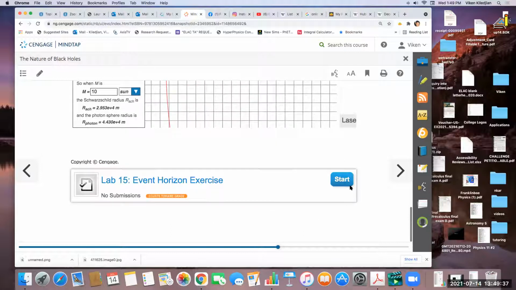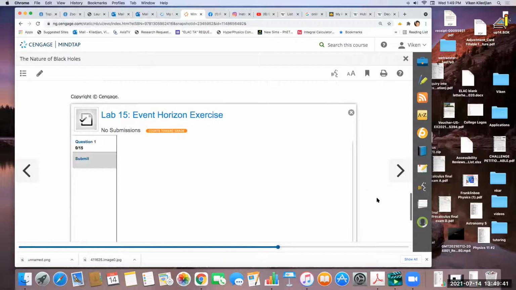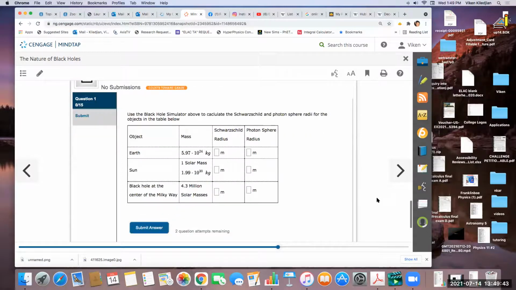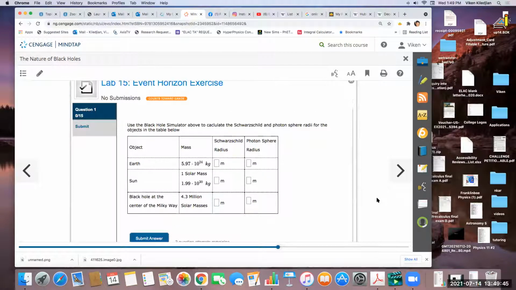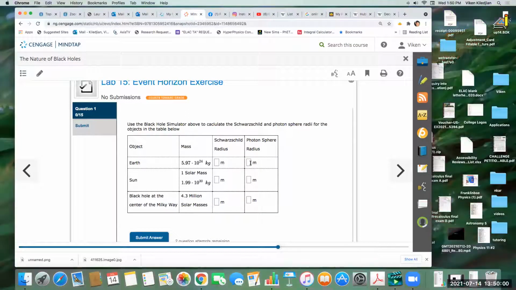Let's see what the instructions on the event horizon exercise are. Oh, okay, there's just one assignment. It says use the black hole simulator above to calculate the Schwarzschild and photon sphere radii for the objects in the table below. So then you put the mass of the Earth, Schwarzschild radius, and the photon sphere.